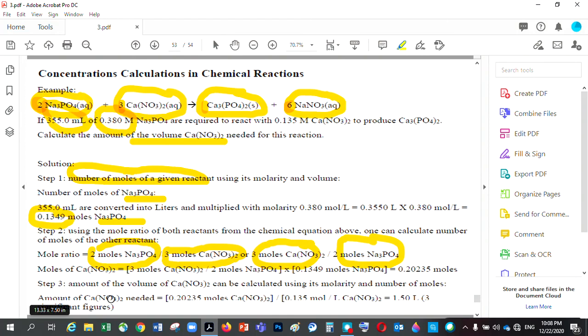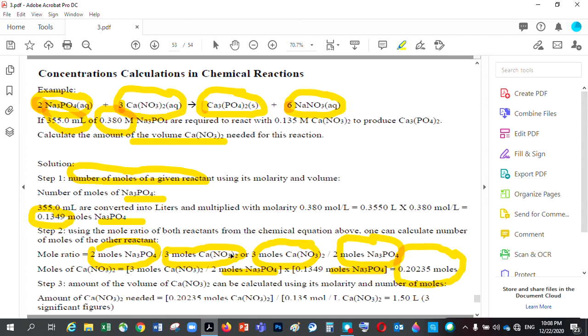Moles of calcium nitrate will be 3 moles of calcium nitrate divided by 2 moles of sodium phosphate, multiplied by the number of moles of sodium phosphate. The moles of sodium phosphate cancel out. So 3/2 multiplied by the moles of sodium phosphate will give us moles of what?